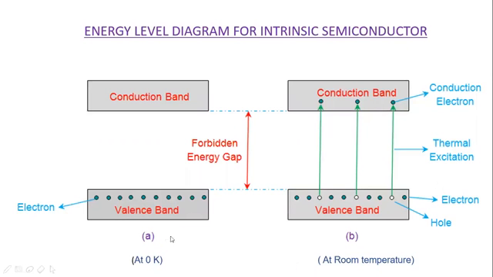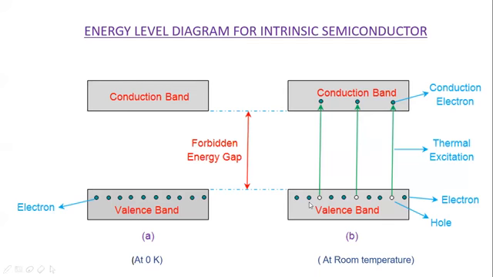You can see that at 0 Kelvin, the valence band is completely full, and the conduction band is empty. Whereas at room temperature, we have a partially filled valence band and a partially filled conduction band. What is the reason?